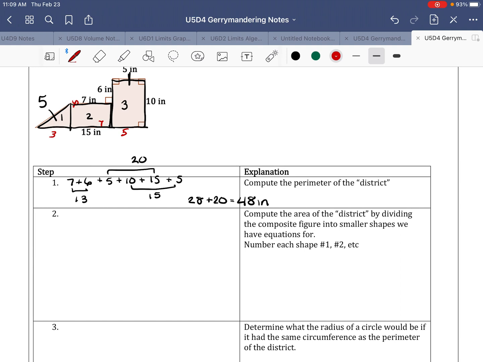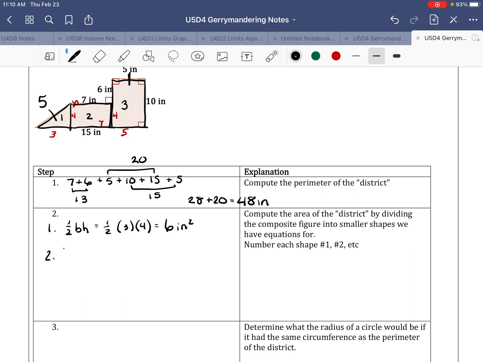All right, second, I know the entire right-hand length is 10, but a section of that is 6. So this leaves me with this height of 4 here and this height of 4 here. Now I have all the information that I need in order to find the area of my shapes 1, 2, and 3. Shape number 1 is a triangle, 1/2 base times height, 1/2 times 3 times 4, 12 times 1/2 is 6.